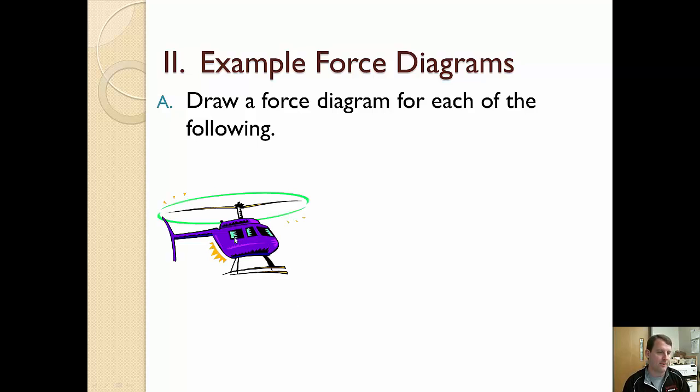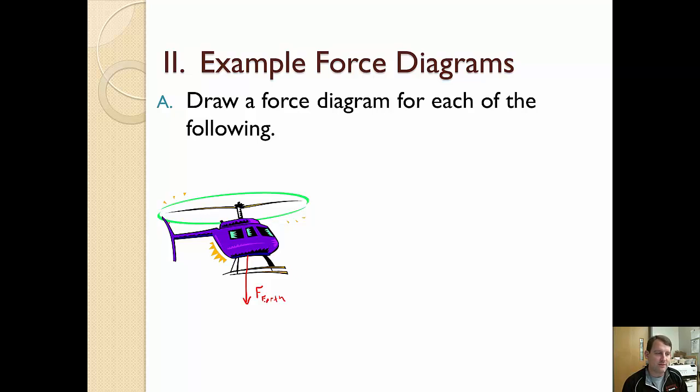Oh, helicopter. This one's super fun. All right. So, again, I'm assuming that we're talking about Earth, because it would be weird to have a helicopter not on Earth. So we have the Earth pulling down. And then, so what keeps the helicopter from falling? Well, it's not touching the ground. It's up in the air.